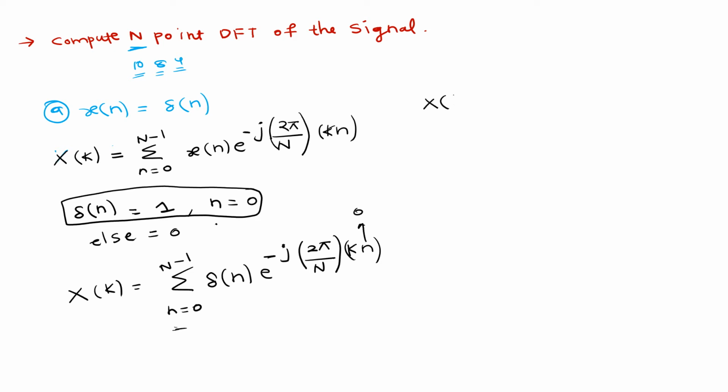సో X of k ఈక్వల్ టు సమ్మేషన్ ఆఫ్ n equal to ఏది పెట్టినా it will become 0 only for when delta of n equal to 0.